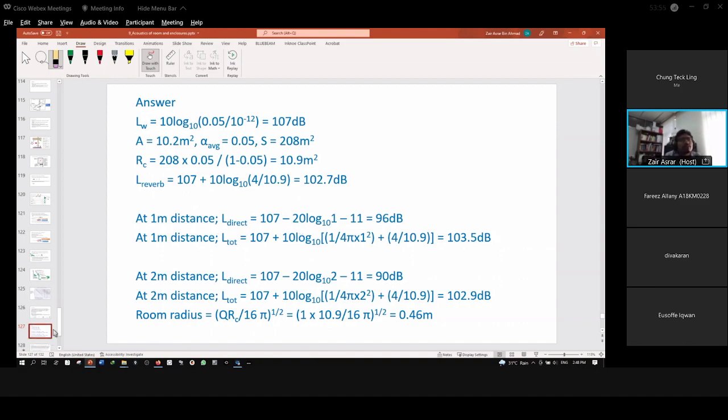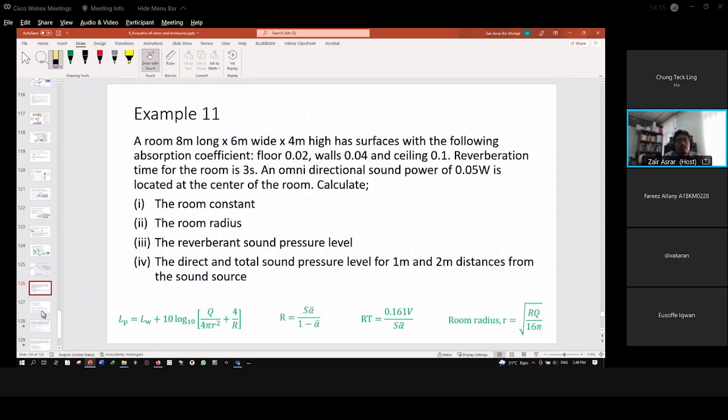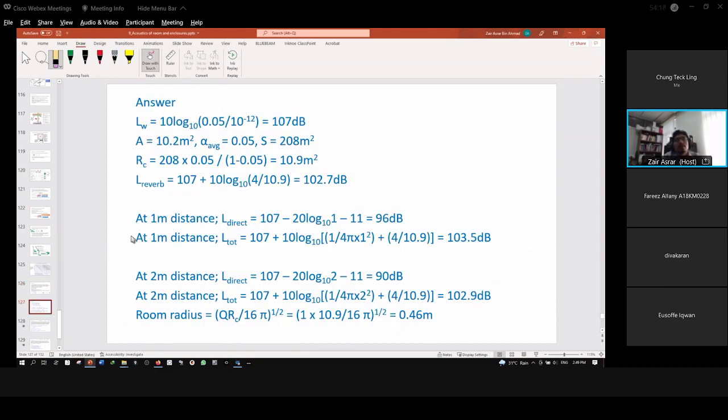This one relates sound pressure level with sound power, and depends on the location of the sound source with respect to the surface.